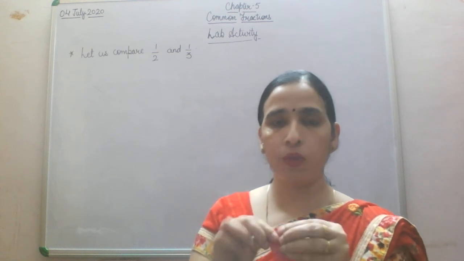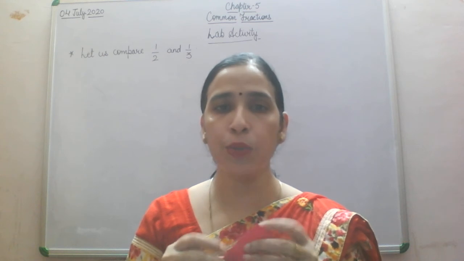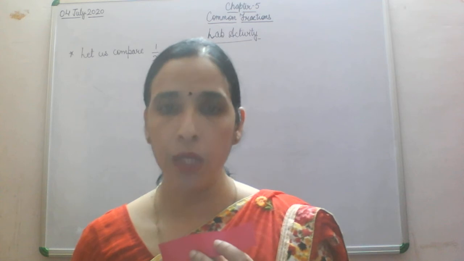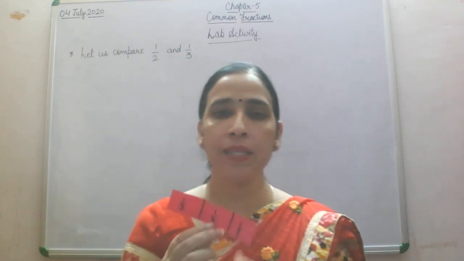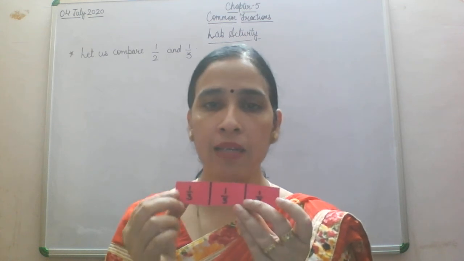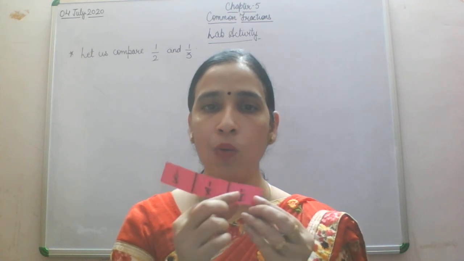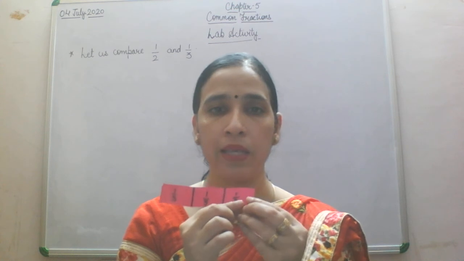Just put a line, and then we will see that we have divided it into three equal parts. Now see children, like this you will divide it into three parts and then write down 1 by 3, 1 by 3 and 1 by 3. Now each part represents 1 by 3.